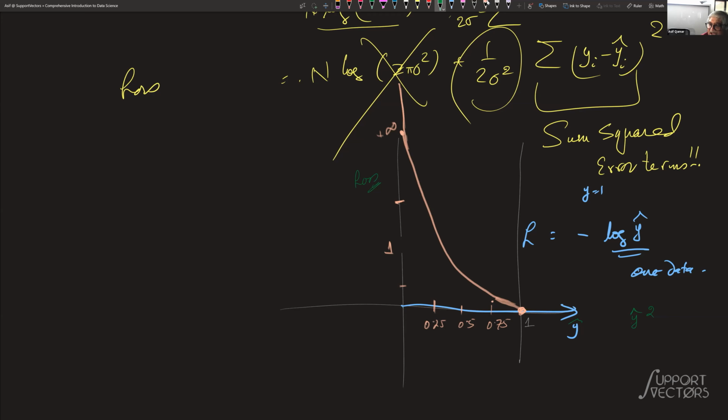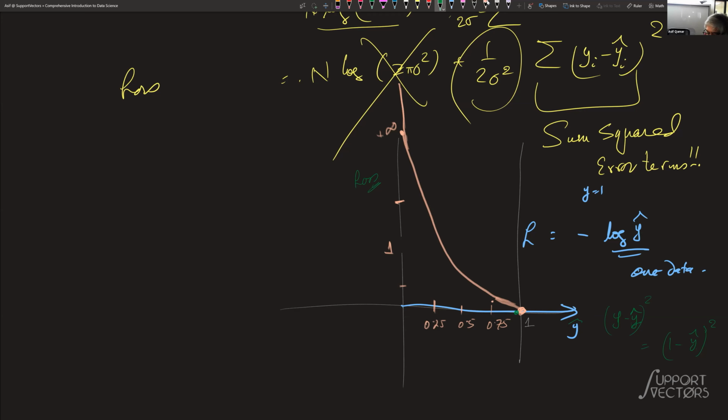Suppose y is equal to 1 and you predict 1. What is the (1 minus y hat) squared? Let's try to work it out. At this point, this also is 0.